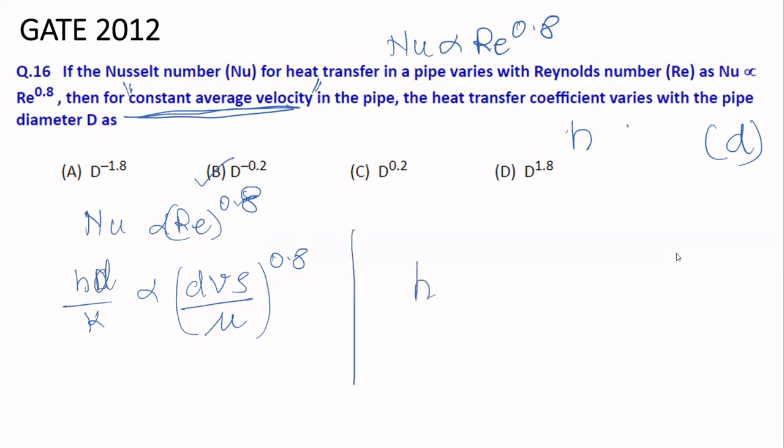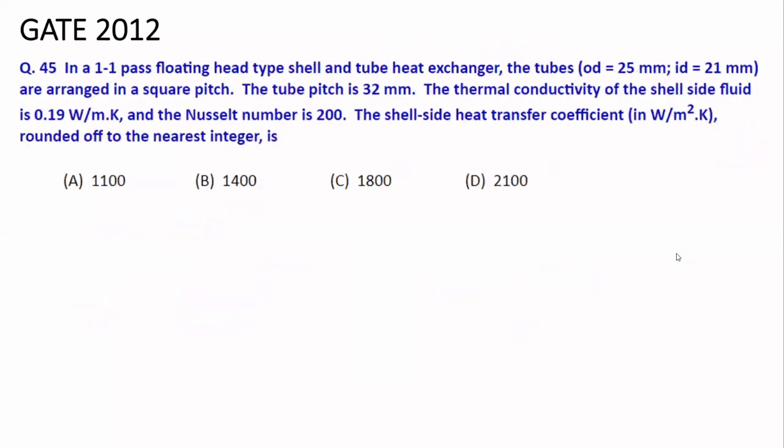Alright, so h is equal to k, v, rho, mu, everything is constant, so I'm removing them. I'm working within proportionality, so I'm just taking them as constants and removing them from the discussion, not at all required. So d power 0.8 divided by d, which is 0.8 minus 1, which is equal to minus 0.2. So h is proportional to d power minus 0.2. I guess this was a 1 mark MCQ, 1 and minus 0.33, GATE 2012.